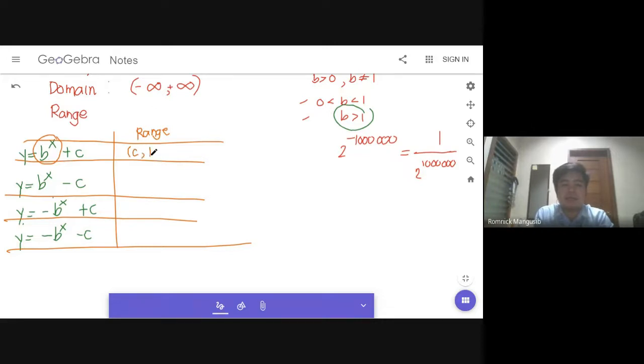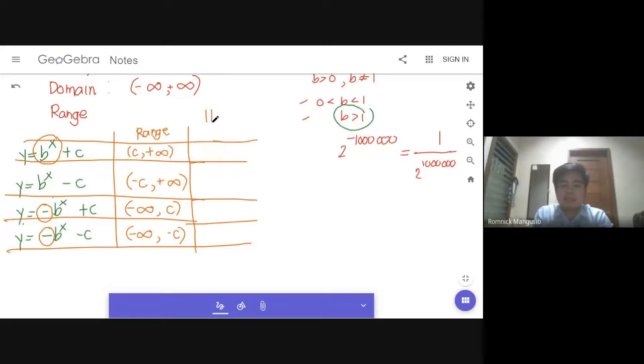So it is greater than c. Dito naman, it is greater than negative c, where c is any constant. But however, if you see negative sign here, pabaliktad naman siya. It is decreasing. Less than c, and in here, no, less than negative c. That is how we identify the range, but later let's have examples.